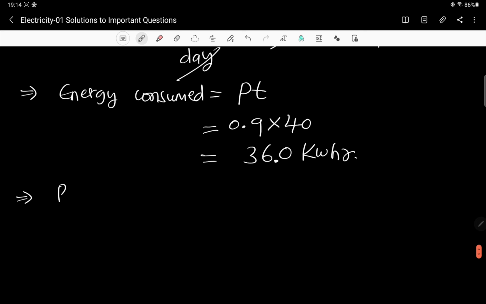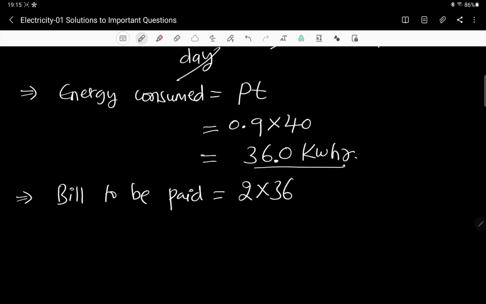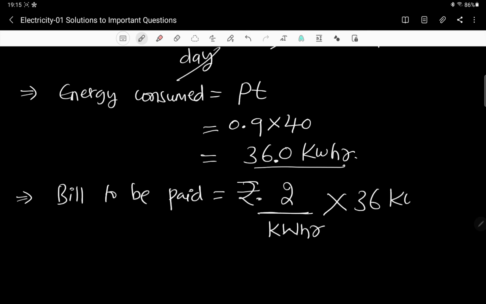Now bill to be paid, so how much bill to be paid, tell me. For 1 kilowatt hour how many rupees are there? 2 rupees is there. For 36 kilowatt hour, it is going to be 2 into 36, correct, no? Or you can write 2 rupees per kilowatt hour into 36 kilowatt hour.